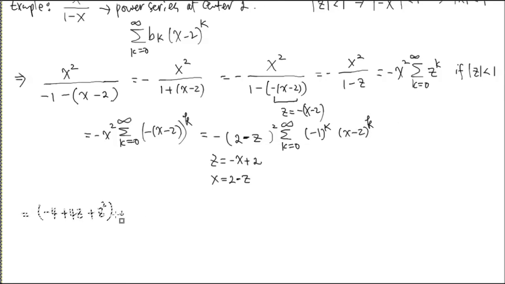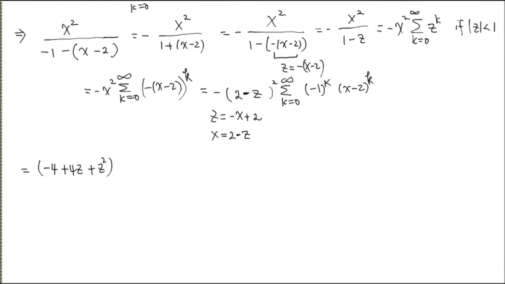This is multiplied by the sum for k going from 0 to infinity of (-1)^k (x minus 2)^k, which is really z, right? Is that right? Okay.